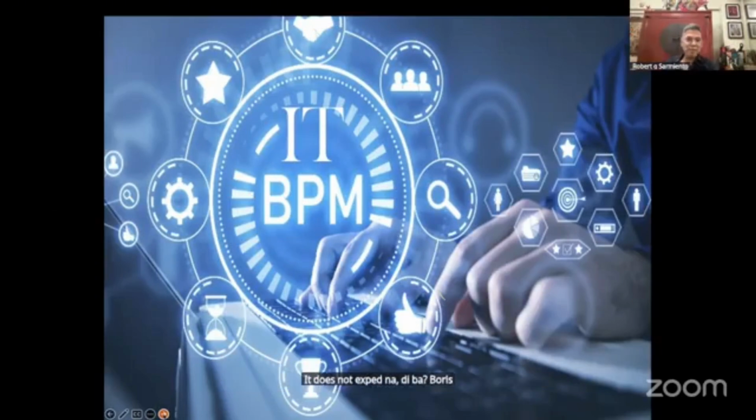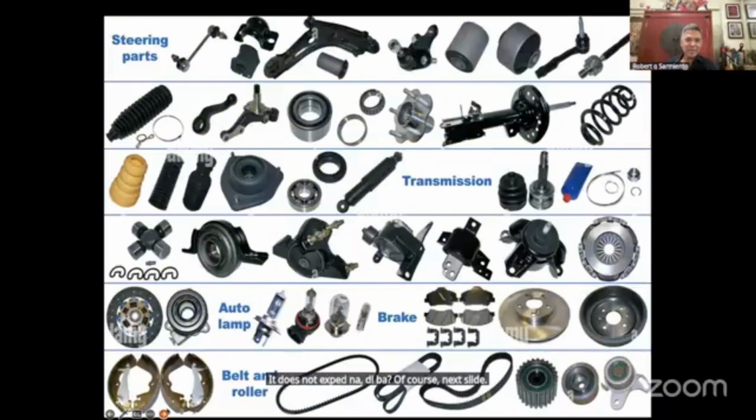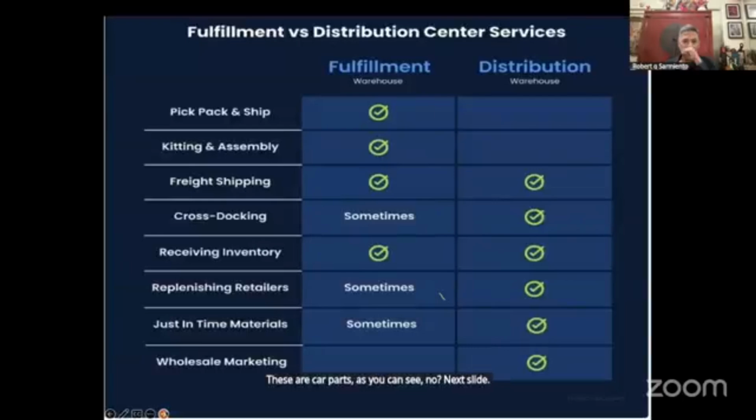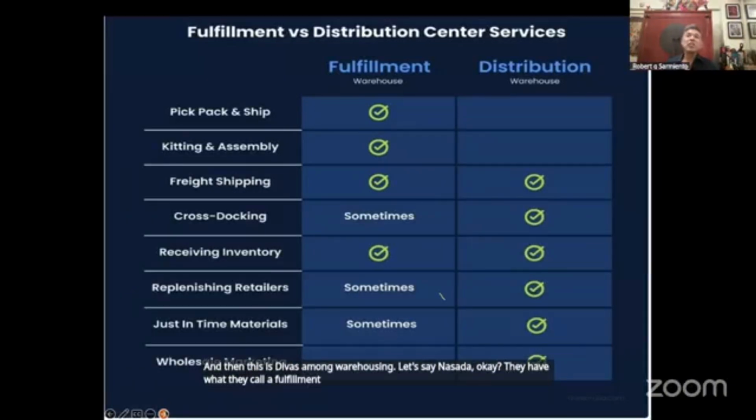Next slide. And then, of course, what's inside the industrial parks, no? These are car parts, as you can see. Next slide. And then this is, di ba, sa mga warehousing, let's say Lazada. They have what they call a fulfillment versus a distribution center.